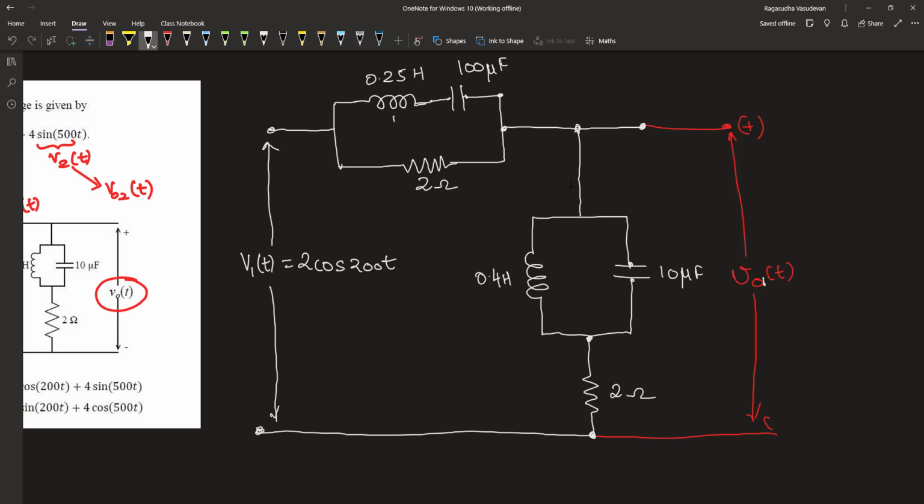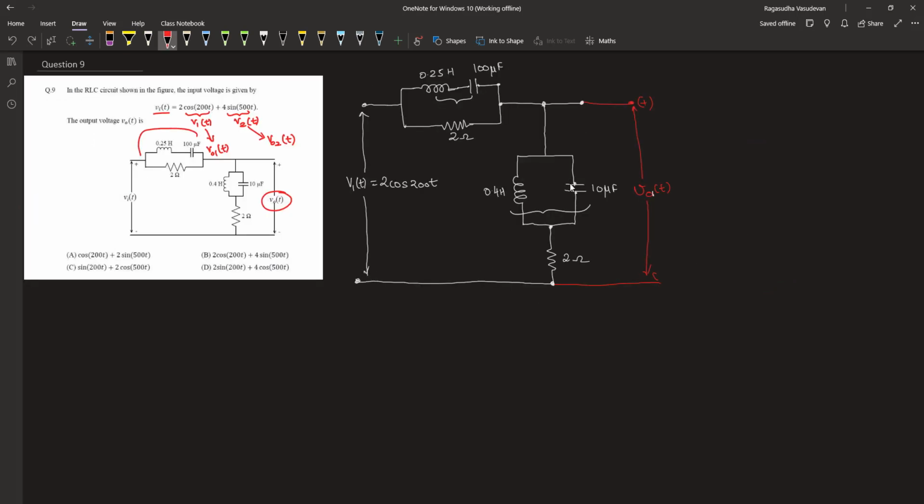Let's find out the resonant frequency of each of these tank circuits first. Let's say that omega 1 is the resonant frequency of this tank circuit and omega 2 is the resonant frequency of this tank circuit. Omega 1 is equal to 1 divided by the square root of LC, which in this case is 0.25 into 100 microfarad, which is 10 to the power minus 4.